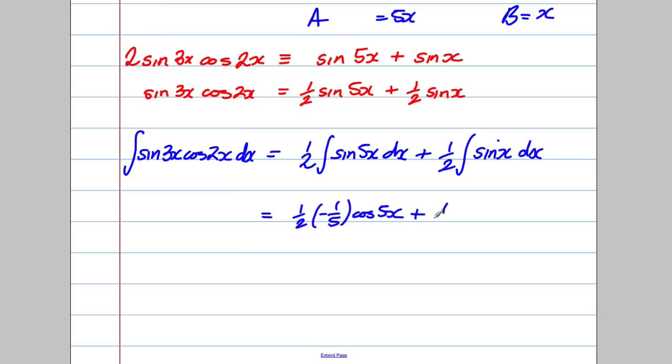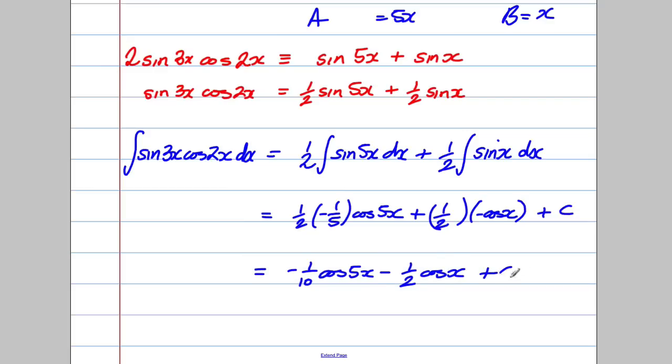And this, you've got a half here, and it would just integrate to negative cosine of x, plus c. So overall, the answer when I simplify it would be negative a tenth cosine of 5x, subtract a half cosine of x plus your constant of integration, and we'd be done there.